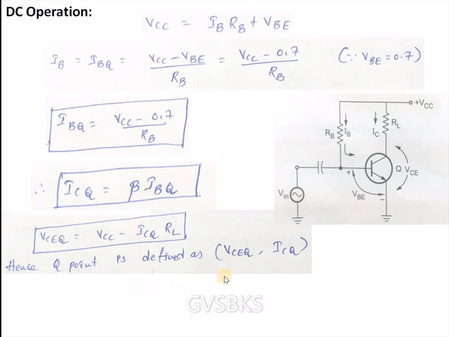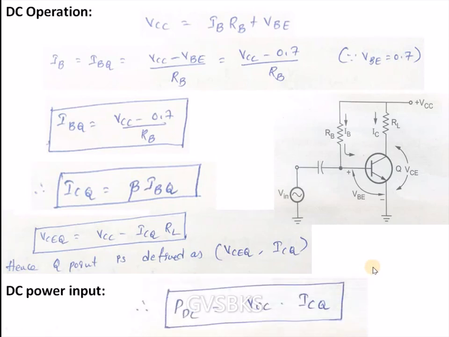Therefore, the Q point is defined as (VCEQ, ICQ). The DC input power can be calculated as PDC is equal to DC voltage into DC current. Here the DC voltage is VCC and the DC current is ICQ. Therefore, PDC is equal to VCC into ICQ.